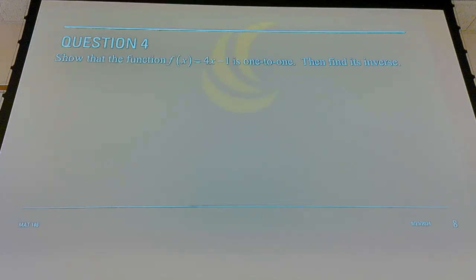So we're going to show that this function is 1-to-1 and then find its inverse. So the claim is that f of x is 1-to-1.